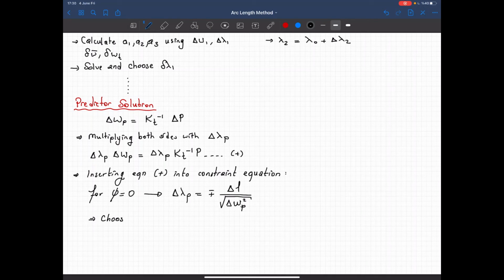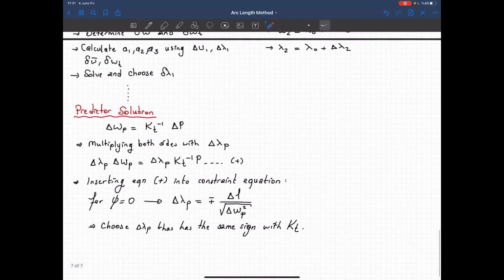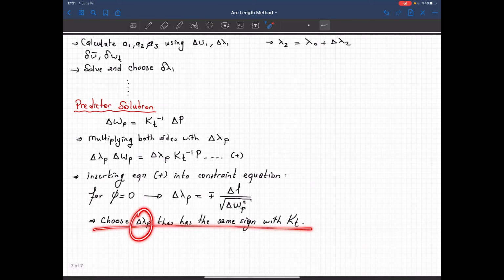The approach is to choose the one that has the same sign as the tangent stiffness matrix. So if phi is not equal to 0, what do we do? We again come here, calculate a1, a2, a3, and solve the quadratic equation. Again, we'll have two roots and use the same approach to figure out what delta lambda p is.